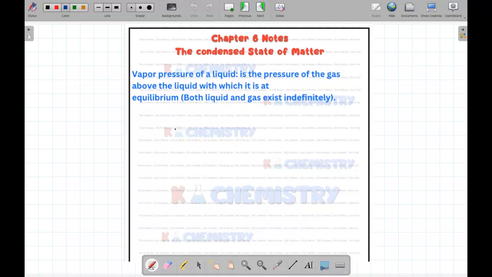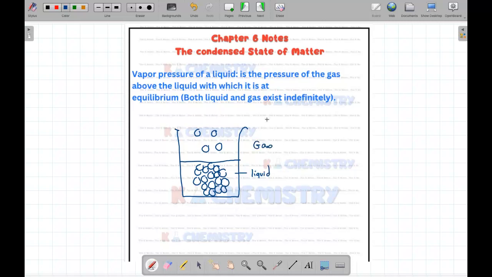The liquid, which is inside a container, has particles in the form of liquid like that. But what if this liquid is a little bit volatile? Then some of the particles will be evaporated and come out in the form of gas. So instead of liquid, it's in the form of gas.